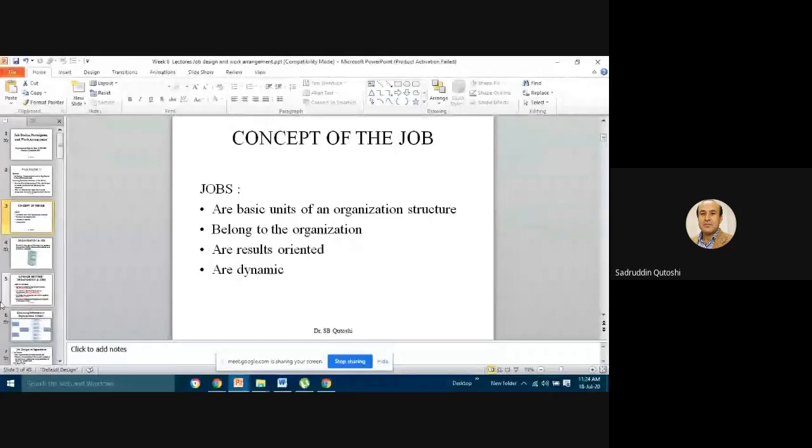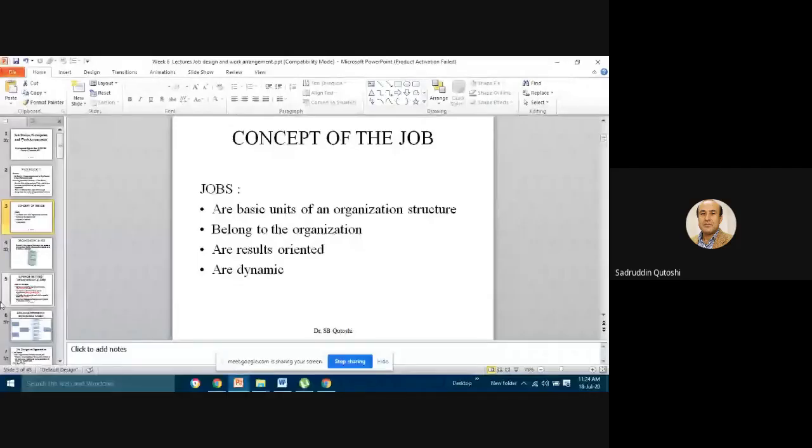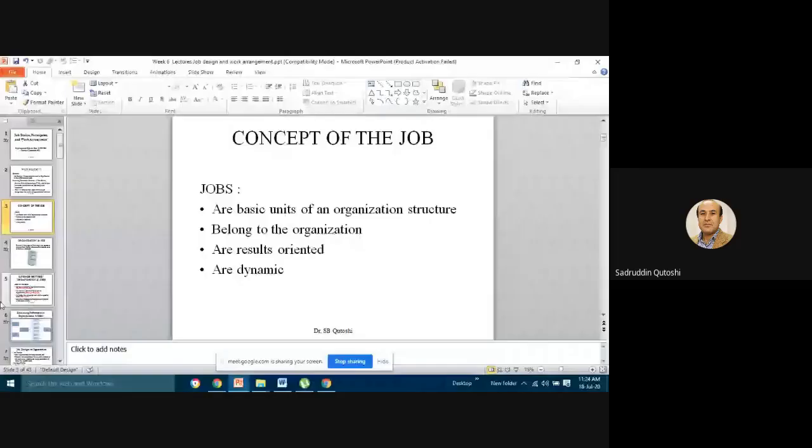Jobs are not static. Jobs are dynamic, with the passage of time in the organizational life and beyond the organizational life. So the organization needs to maintain its positionality in the market, its competitive edge in the market, so to achieve that all these jobs need to be upgraded, enhanced, enlarged, enriched, and sometimes there need to be modifications in the nature of the job.